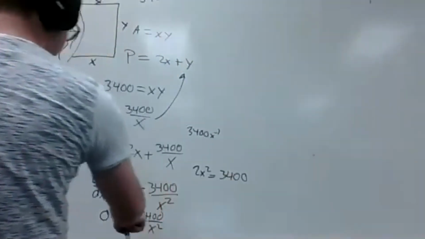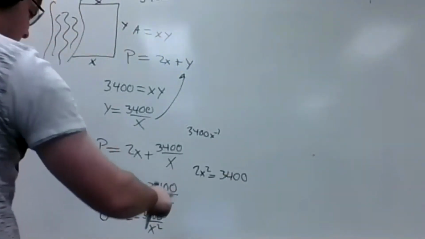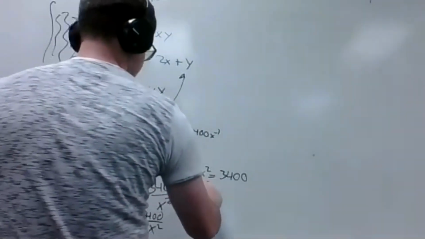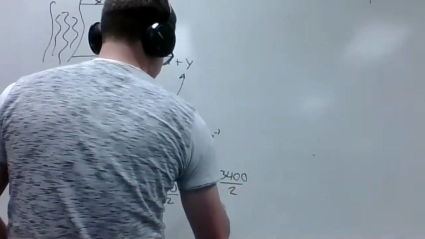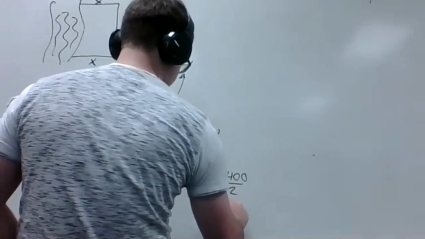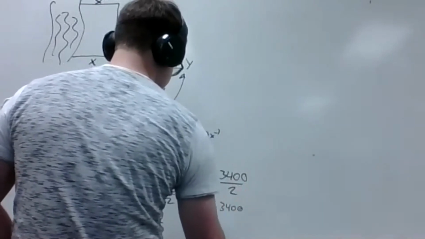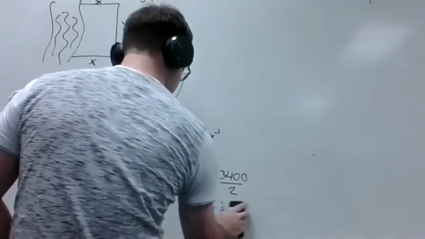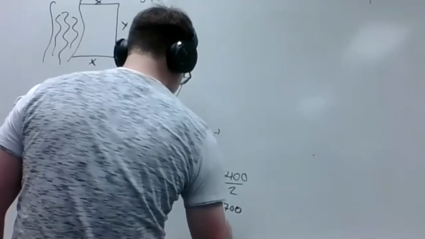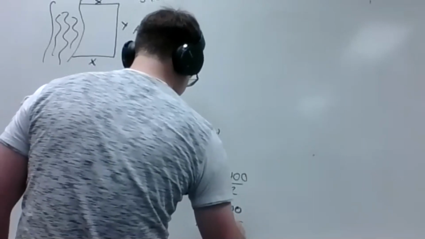We just rearrange the equation a little bit and multiply across. And we'll divide by 2. And x squared equals 1,700. So x is equal to the square root of 1,700.